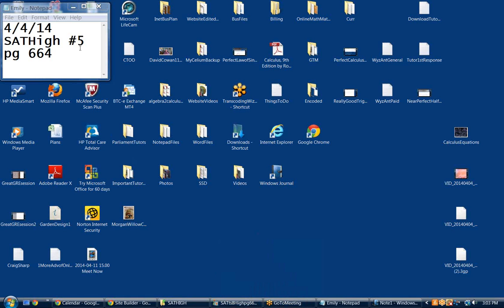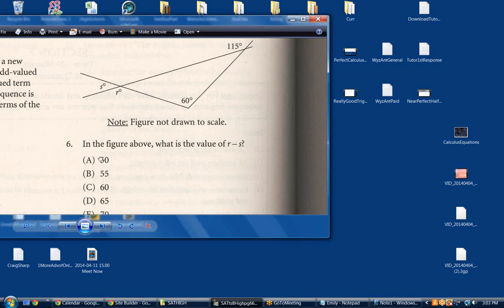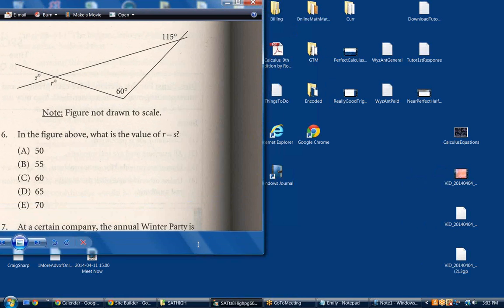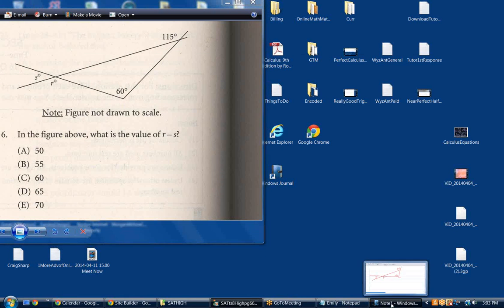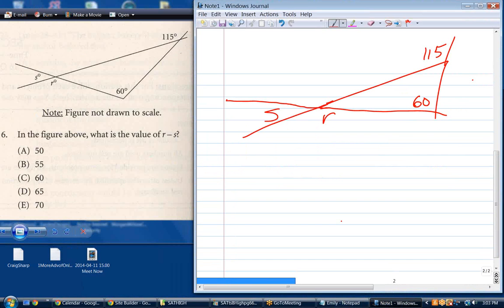But anyway, last time on the SAT, we got through problem 5. So let's start with problem 6.